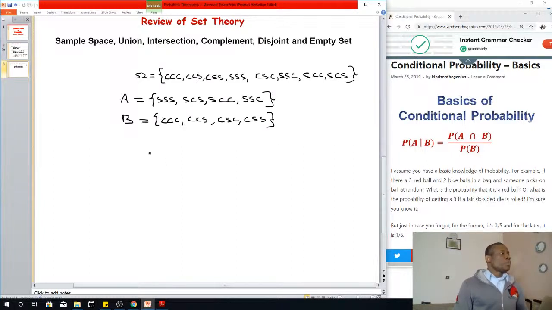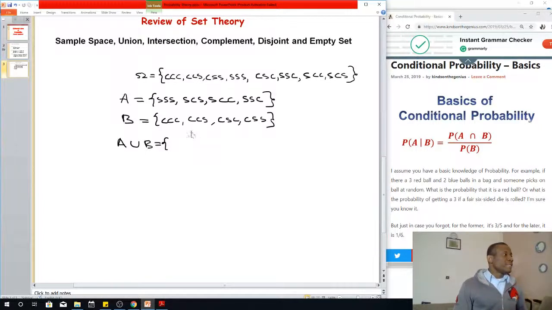The question now is, we want to talk about union. So the union of A and B, A union B, what is it going to be? The union of two sets is the combination of everything in those sets, and then you remove the duplicates.